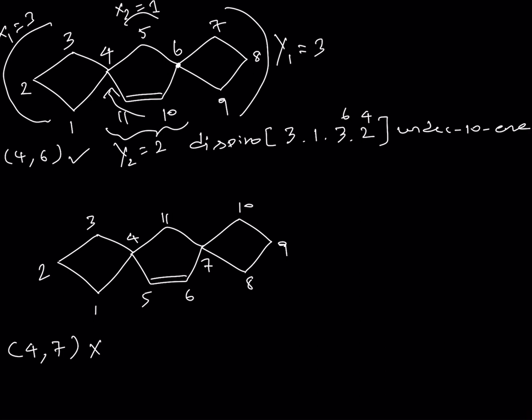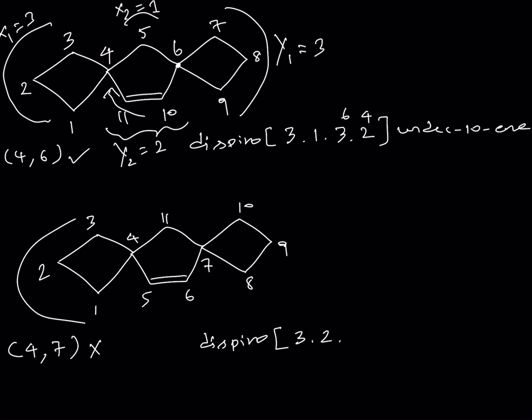Now you can also give a name for the wrong way of numbering. So let us work out the IUPAC name for this also. So this will be Dispiro, and then 3.2 because we came this side.